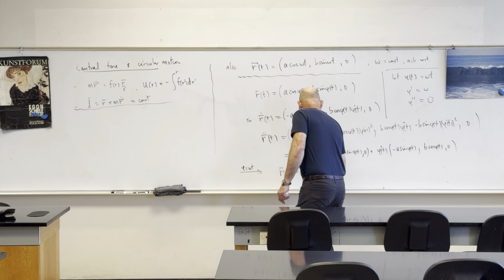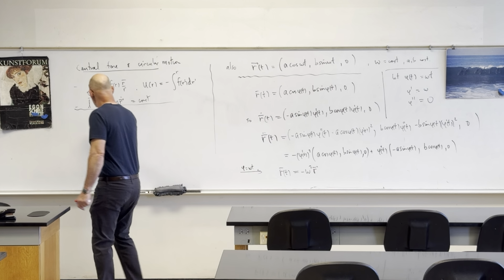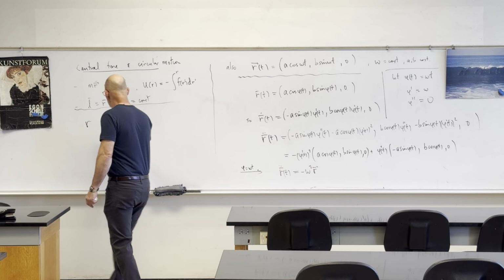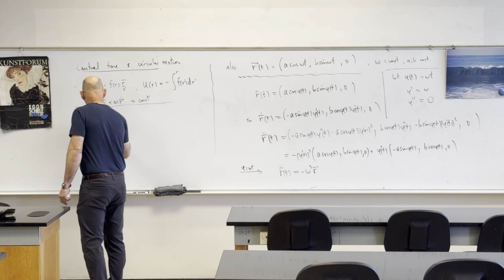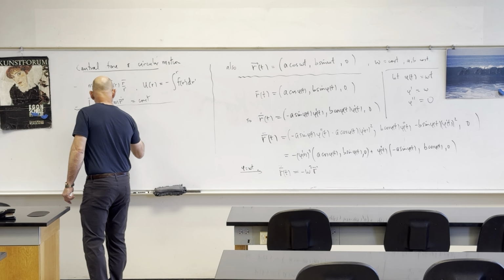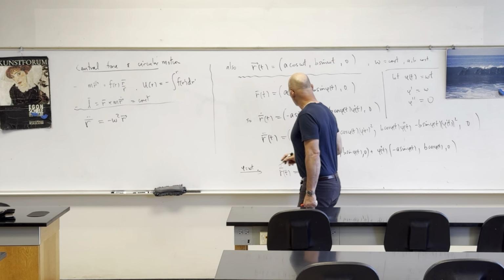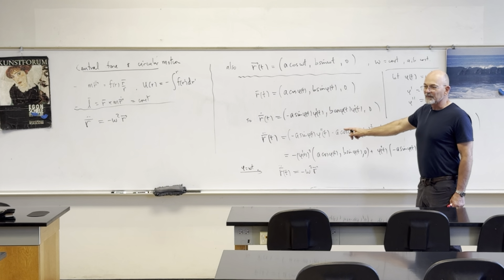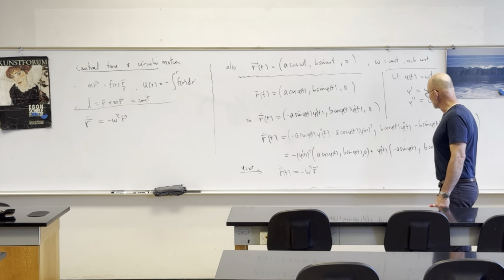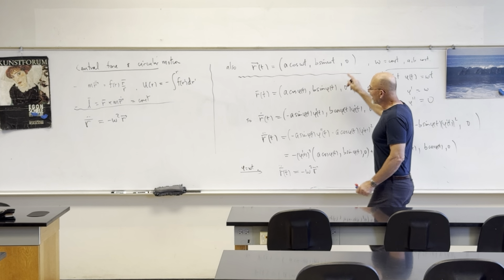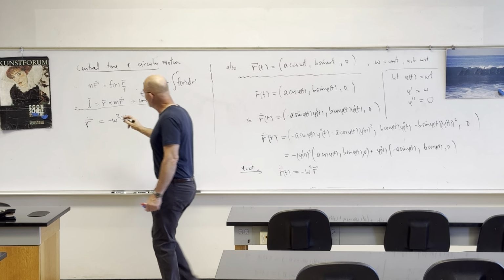Omega squared r. So here's what we found: r, two derivatives. So the acceleration is equal to minus omega squared r. That's the result, and you can play around with this for more interesting stuff. There's more going on here, but under these circumstances, we get this result.